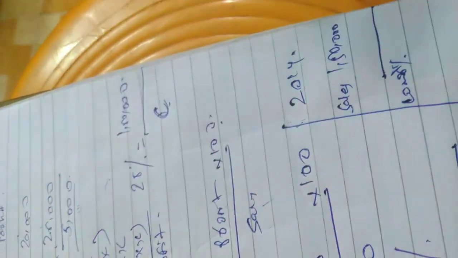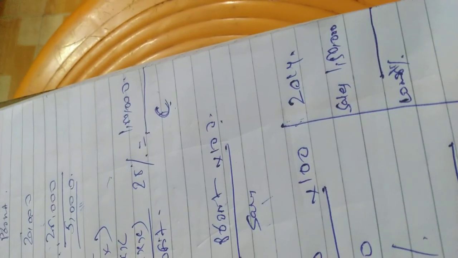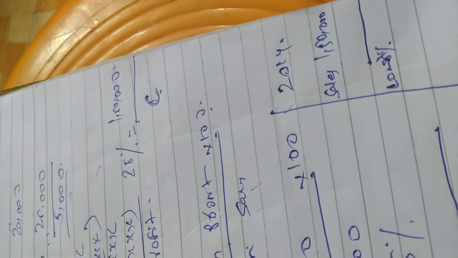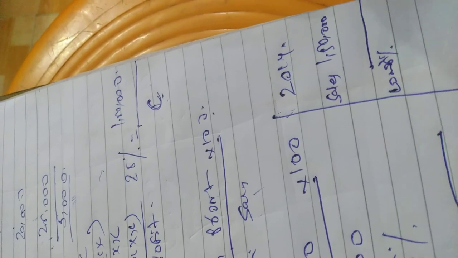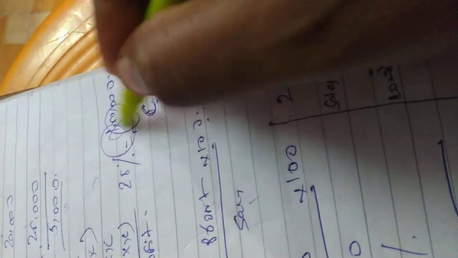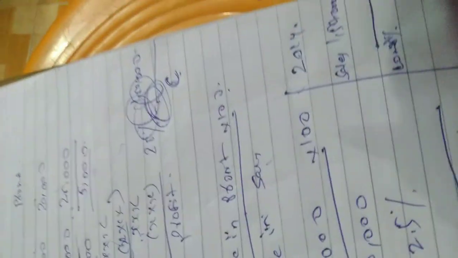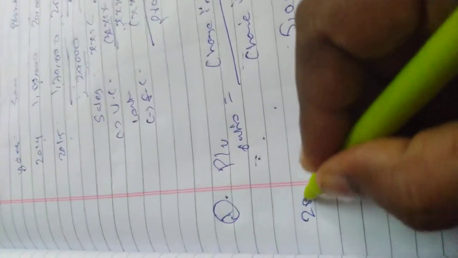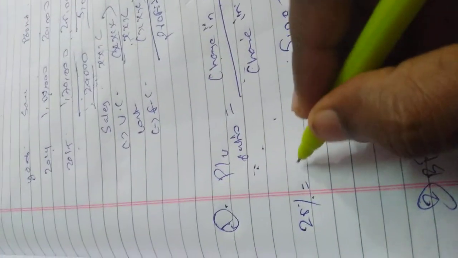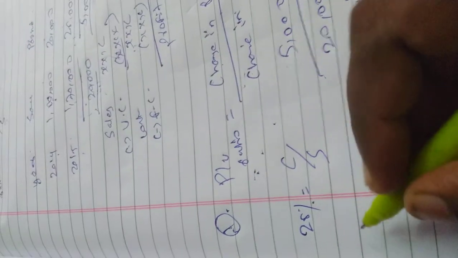So simply, I will work out here. 25% equal to contribution divided by sales. Correct?